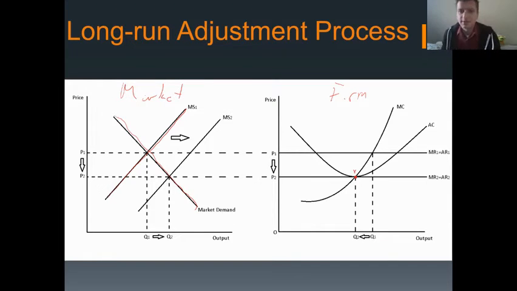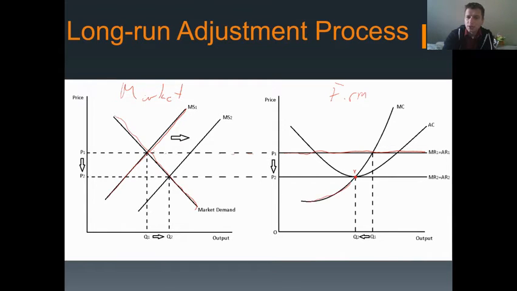They both mean the same thing. So the market equilibrium price sets your MR equals D equals AR curve, and that is how you should draw it out. You should draw a dotted line going from your equilibrium price over to your firm, with the same price being your MR equals D equals AR curve, which I'm outlining right here.